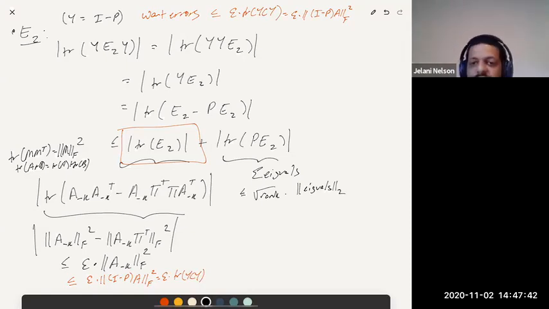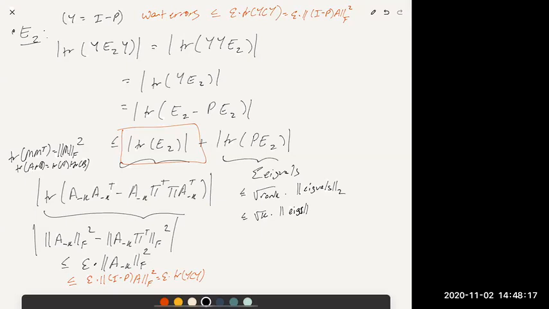What's the rank of PE2? Well, it's at most the rank of P. And P has rank K. It's a rank K orthogonal projection. So the rank is at most K. So this is at most root K times the L2 norm of the eigenvalues. What's another way to write the L2 norm of the eigenvalues? Anyone?